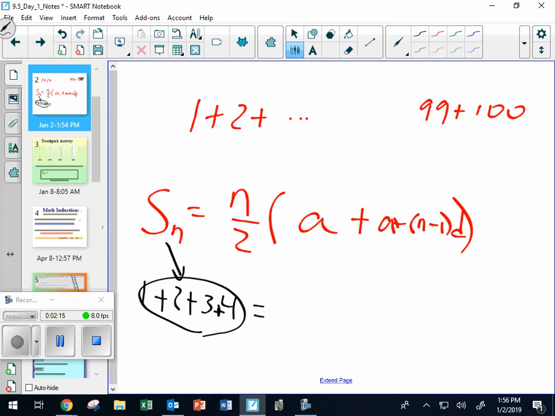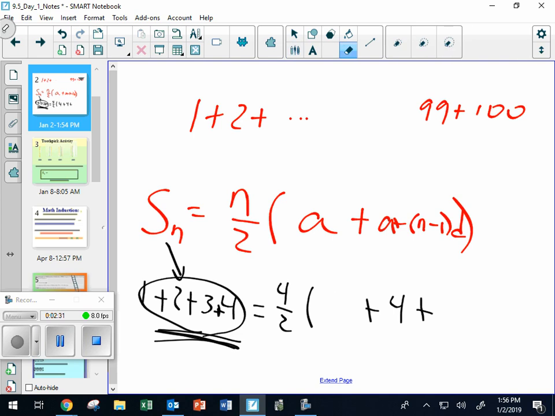And I'm going to just show the person, hey, it's working for 4. Would you agree that n equals 4 in this scenario? Okay. Then this would be 4 over 2 times 4 plus 4 plus, oh wait, I'm doing it wrong. A is 1. Start with 1. Plus n minus 1, which is 4 minus 1, times d, which was 1, is going up 1 each time, right?